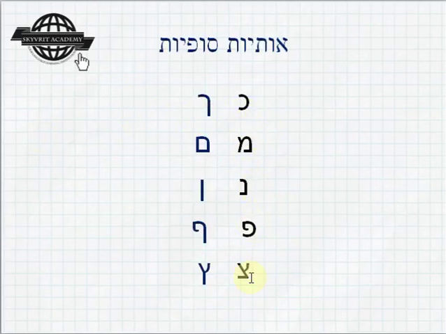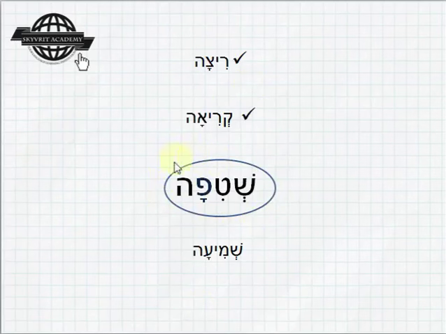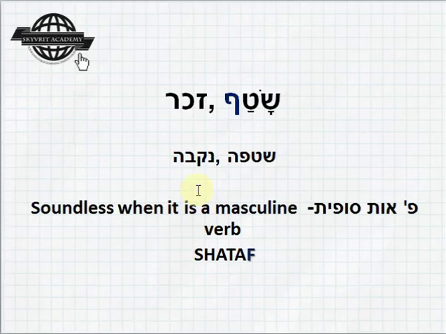This is extremely important because once you come across this kind of noun, shtifa, and before you get rid of this hey, you see the fei and say to yourself, hold on, this is ot sofit, and if this is indeed ot sofit, the masculine version would be soundless, meaning that it would be shataf.